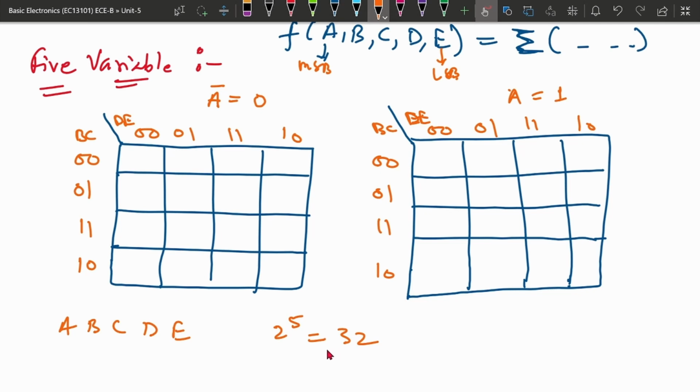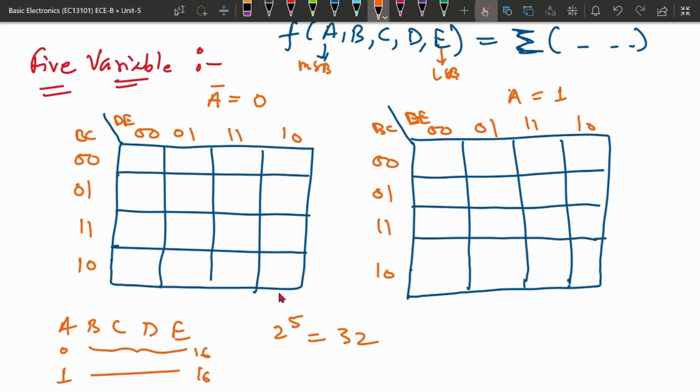If A is 0, 16 possible combinations will be there. If A is 1, 16 possible combinations will be there. So we have separated it like this: 16 for A equals 0 and 16 for A equals 1. In total, we have got 32.